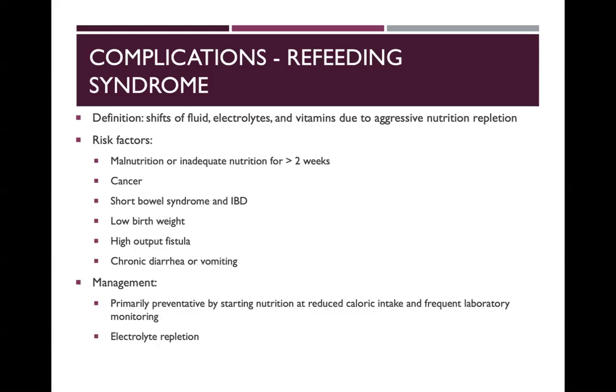What we try to do to prevent it is the main thing, is to just do prevention, because there's no treatment for refeeding syndrome. Once it happens, it happens. But you try to prevent it by not providing the full nutritional needs at the beginning. You start low and go slow, basically.